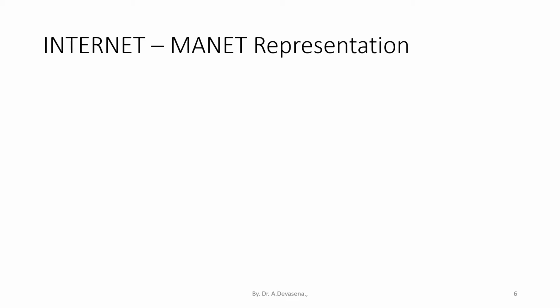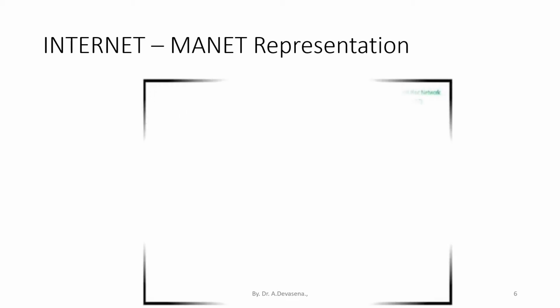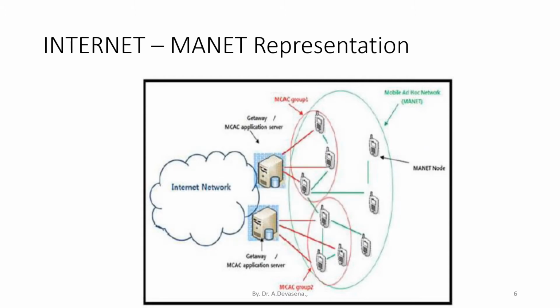Here is another representation, the internet and MANET representation. This diagram indicates the internet network as well as the mobile ad hoc network, and how the information transfer takes place between the internet and MANET is represented in this diagram.